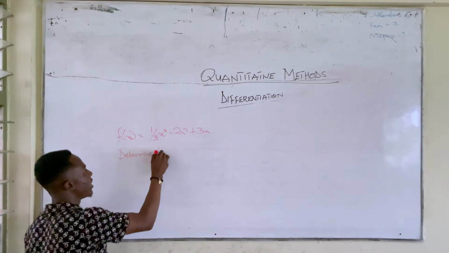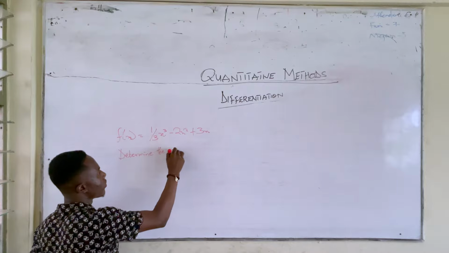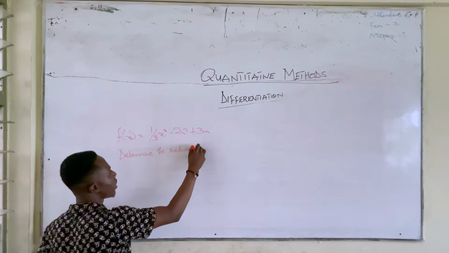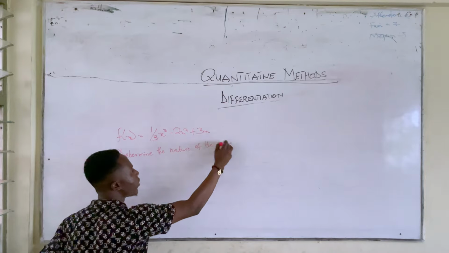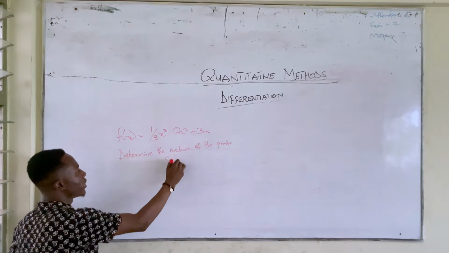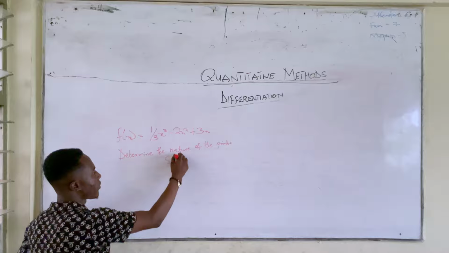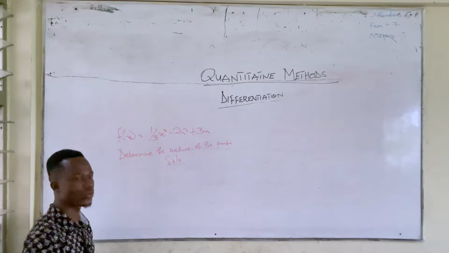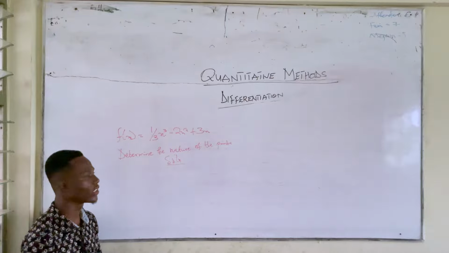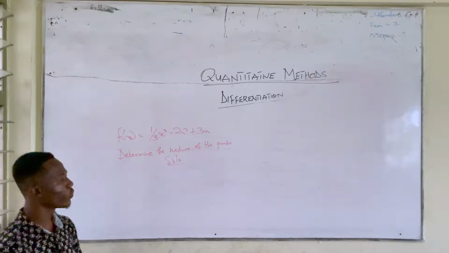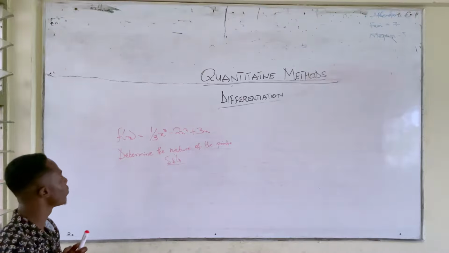So we have to build our points, and determine whether the point is minimum or maximum, or on the point of inflection. So from the steps, first, what do we have to do?